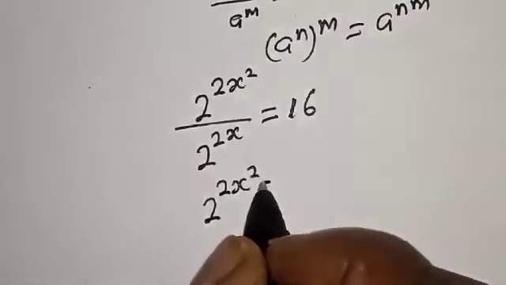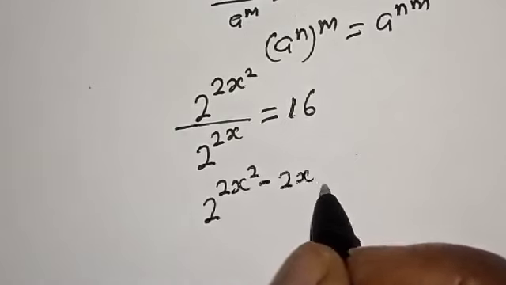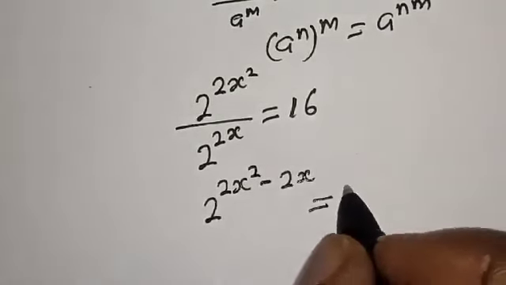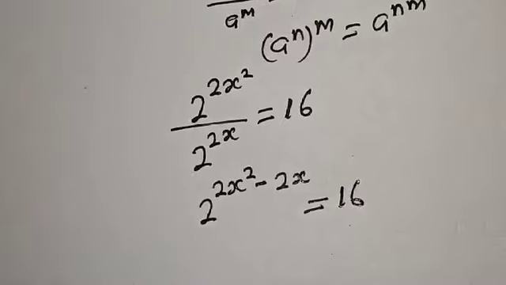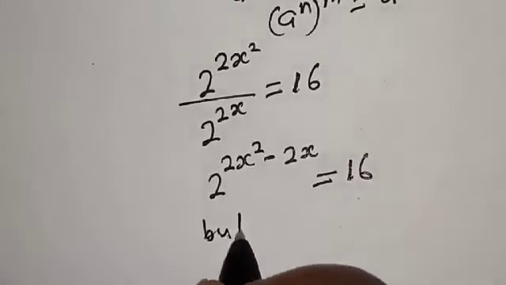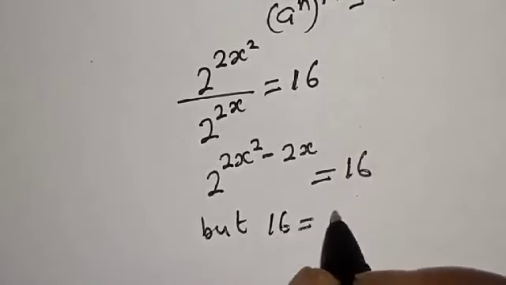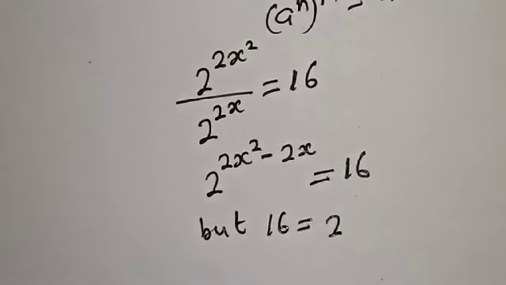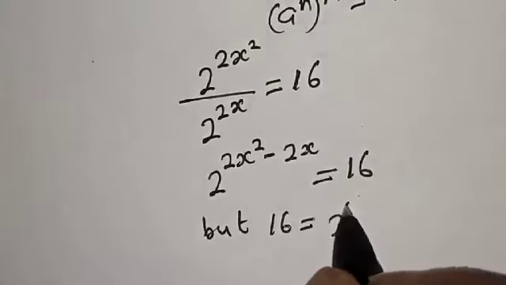Then from this rule, we have 2 raised to power 2s squared minus 2s is equal to 16. But 16 is equal to 2 raised to power 4.